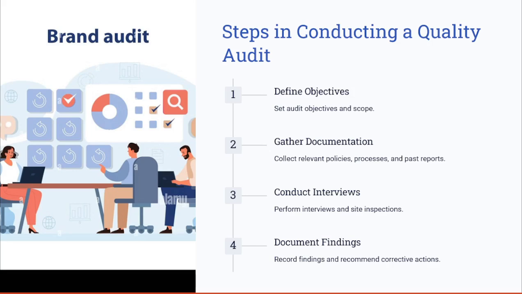After they gather the relevant documentation and interview the stakeholders, finally, findings are documented and recommendations are made. So they start by defining the audit objective and scope, they gather the relevant documentation, and they review whatever project documentation.